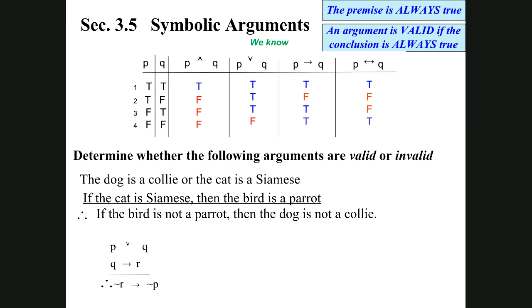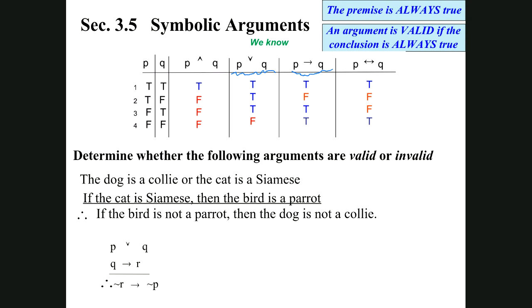Looking at this symbolically, P or Q has three cases that are true. It could be true or true, true or false, false or true. And if Q then R, a conditional statement is true in three cases also. We could have a true then true, or a false then true, or a false then false. And so you can check all of those cases. But notice that conclusion is a conditional statement.